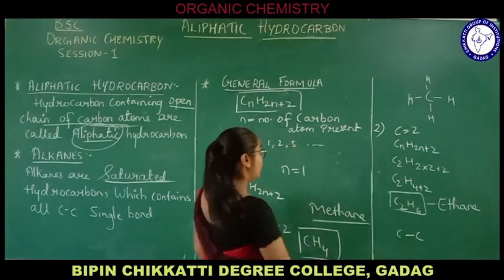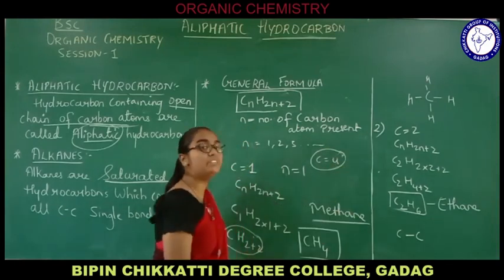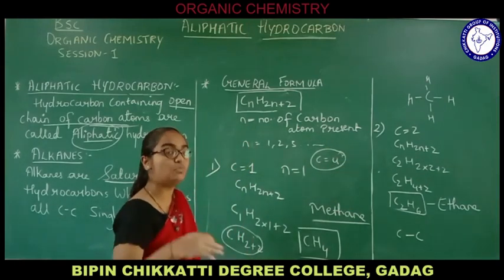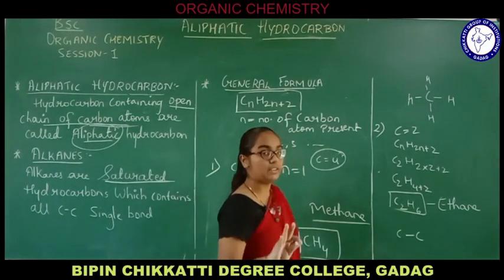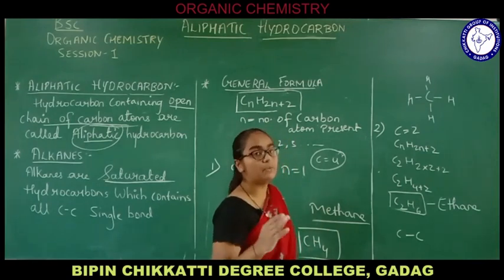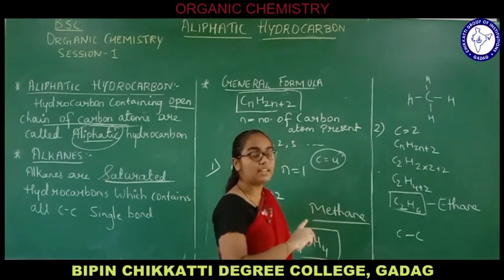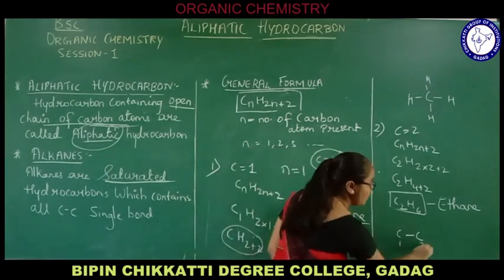I said the valency of carbon is 4, so each carbon atom will form 4 bonds only. This is carbon number 1 and this is carbon number 2.